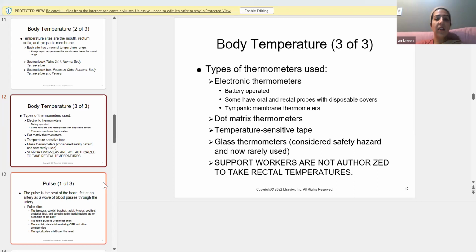No matter what it is, we always use probe thermometers, and they have disposable covers. Otherwise, they will not work. It's a long stick with a cover. It goes under the tongue, or in the axilla. The only one is the tympanic membrane one, which might or might not have a cover. We have to wipe it with a wipe.